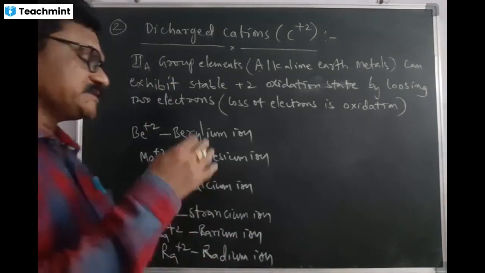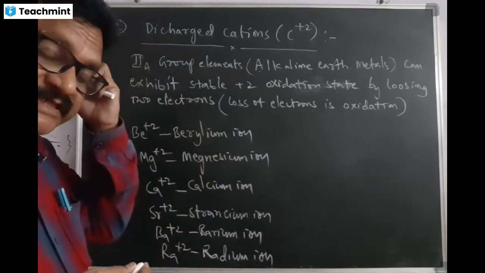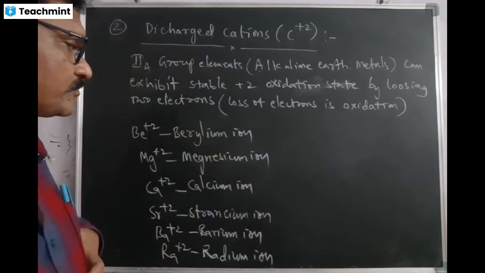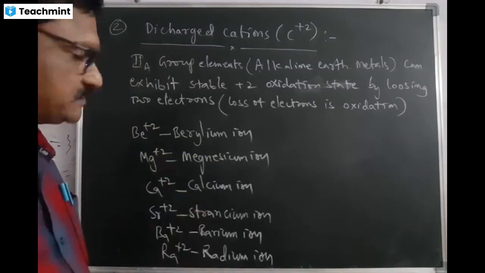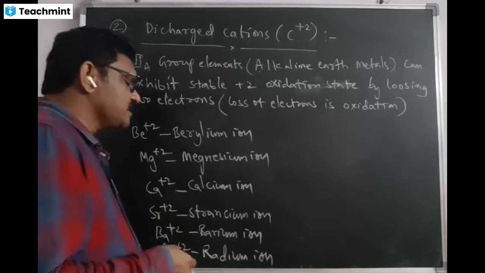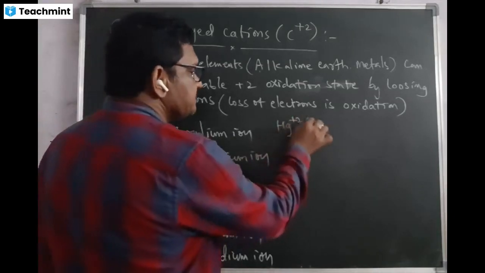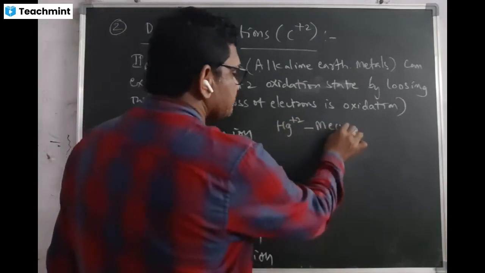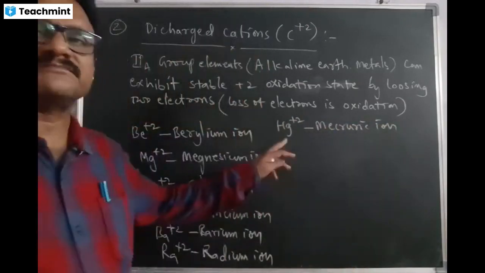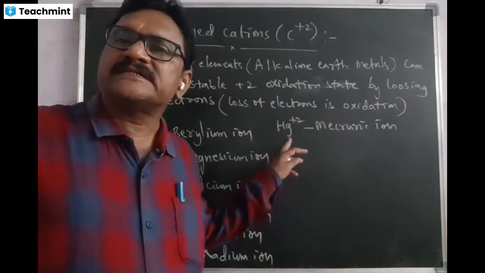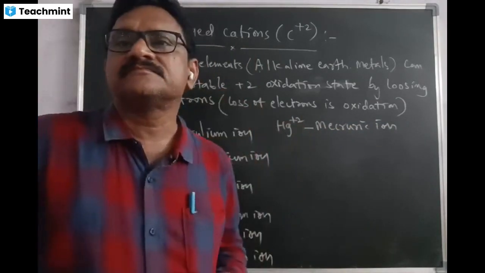In addition to these, some other metals also show +2 oxidation state, just like alkaline earth metals. So I write some other +2 oxidation state metals. See, Hg+2, this is mercuric ion. Yesterday we wrote Hg+1. Try to remember, that is called mercurous.